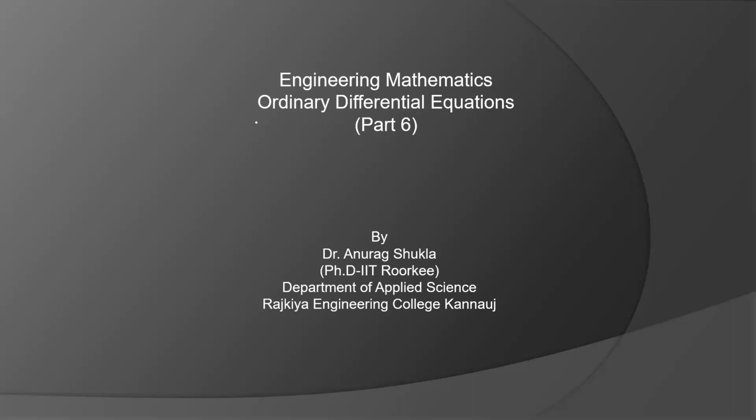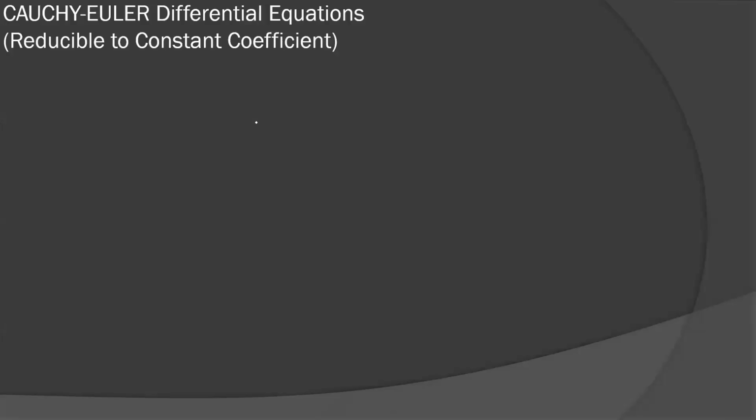Today we will see the solution of a special type of linear differential equation which looks like variable coefficient but by suitable substitution can be reduced to constant coefficient. Let's see that type. That's called the Cauchy-Euler differential equation. It is reducible to a constant coefficient differential equation.